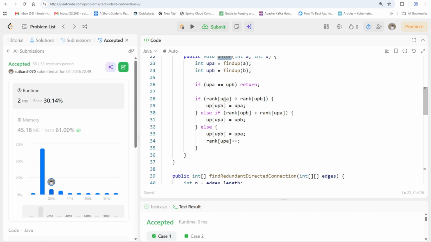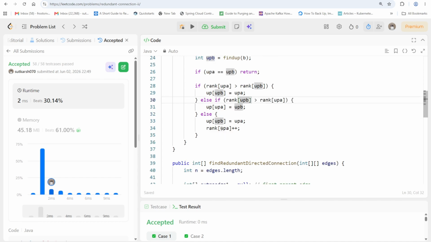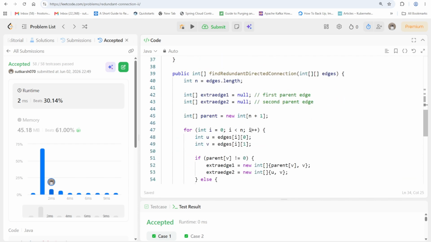So suppose here UPA is larger, so B will attach itself to A, and similarly the opposite here. And if both ranks are equal, then we attach either B to A or A to B, and we just add up the rank. And now the main code.